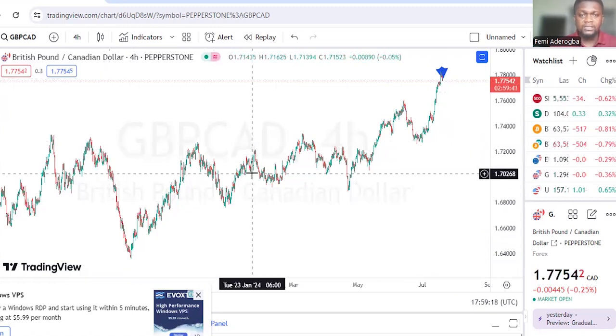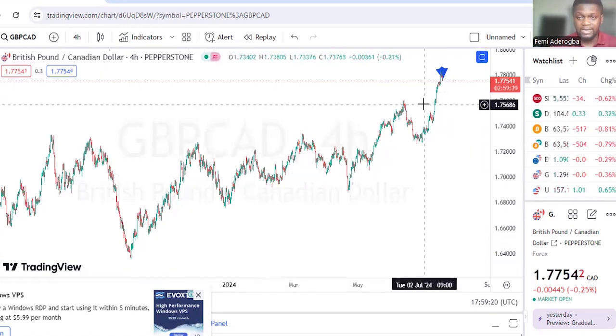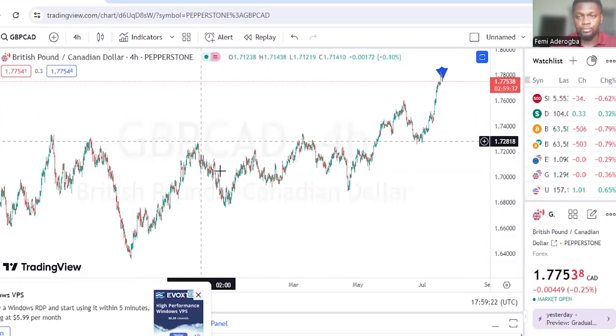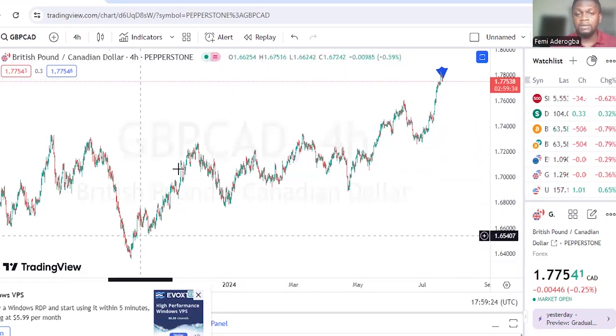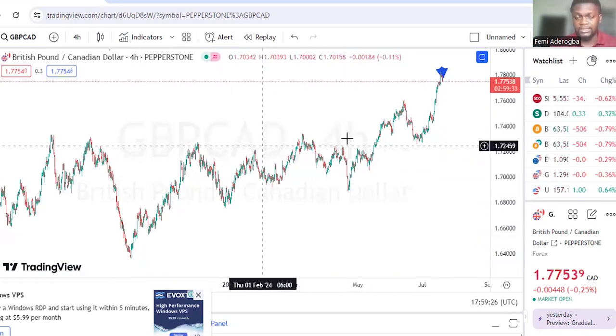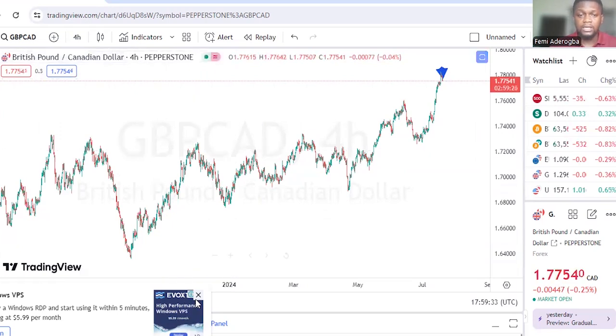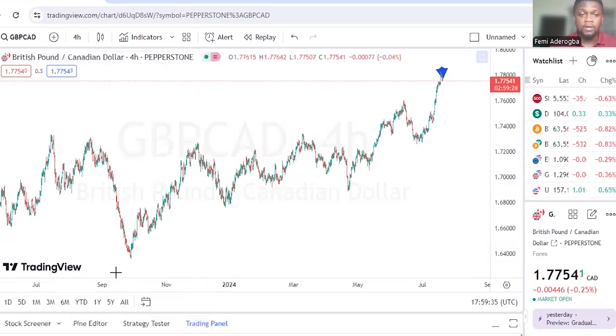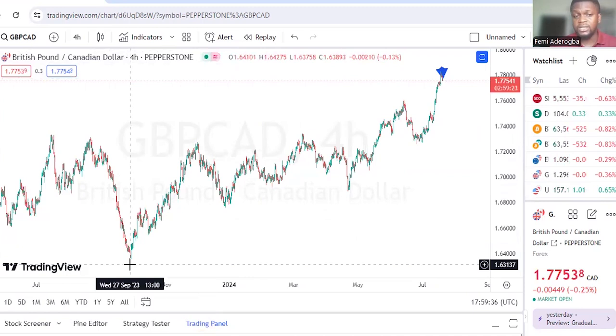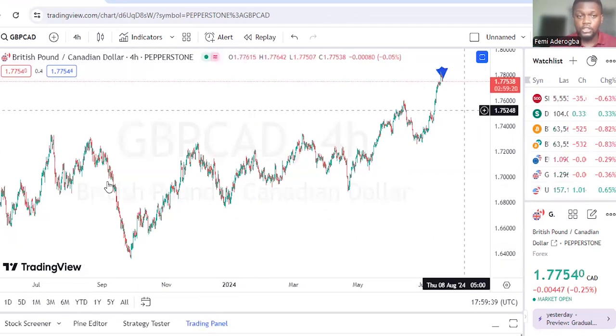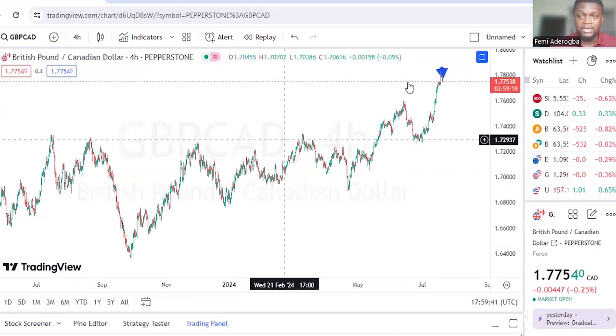So looking at this, we can say the current market is in a bullish mode, meaning the market is in an uptrend, and the value of GBP against CAD keeps strengthening, especially when you look at this chart from September 2023 to date. GBP has been strengthening against CAD.